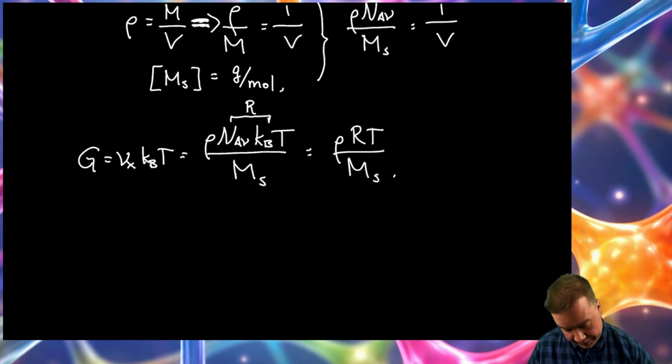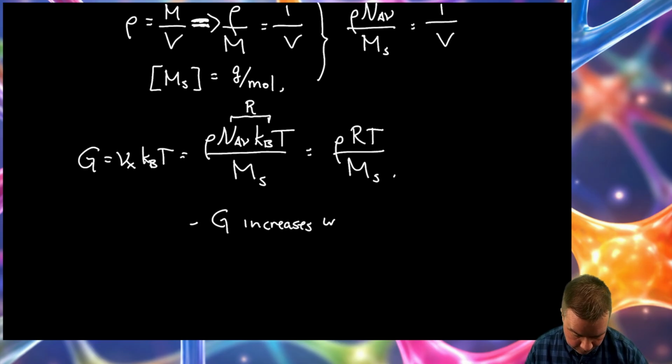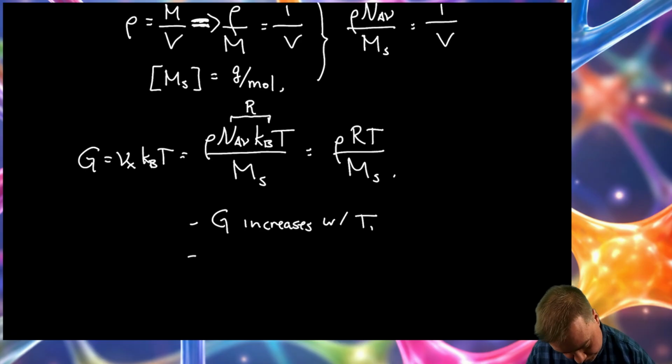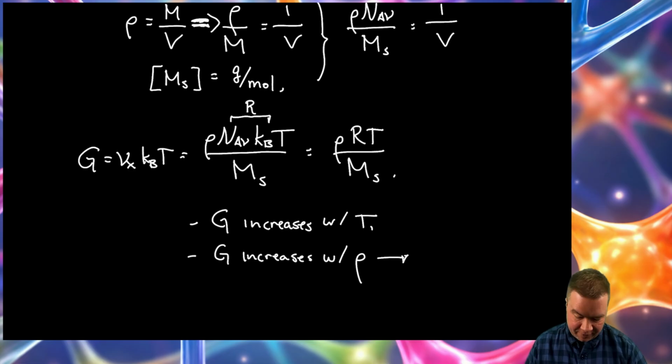Okay, so we can notice a few things. First of all, the shear modulus increases with temperature. It also increases with the mass density, which is kind of telling us that we probably have more crosslinks, right?